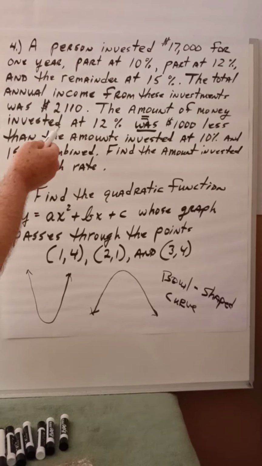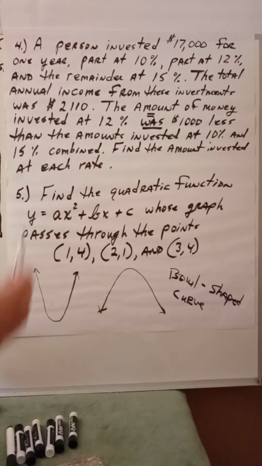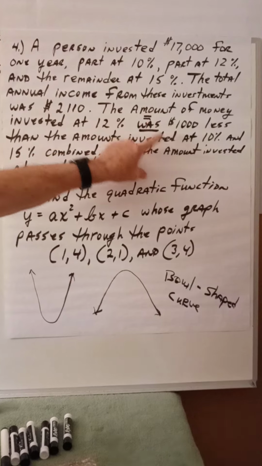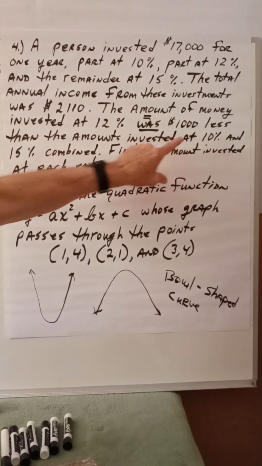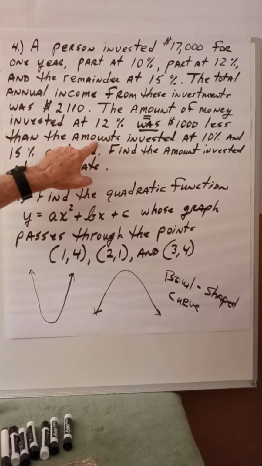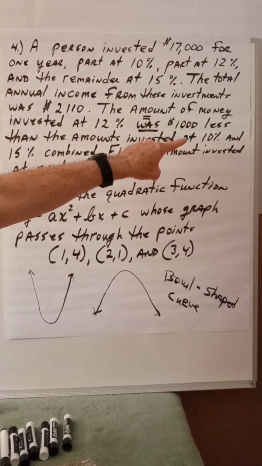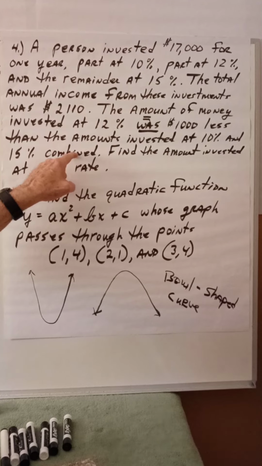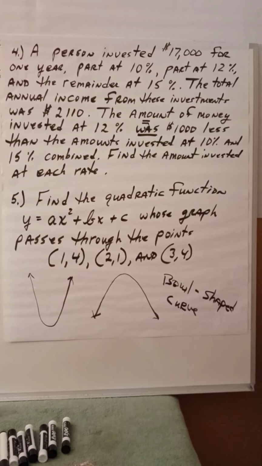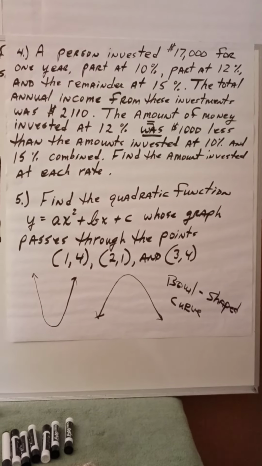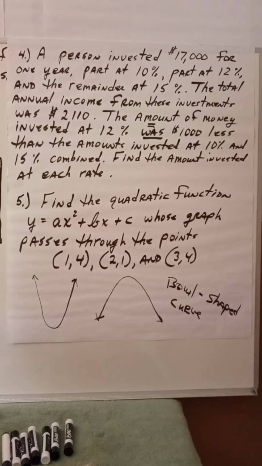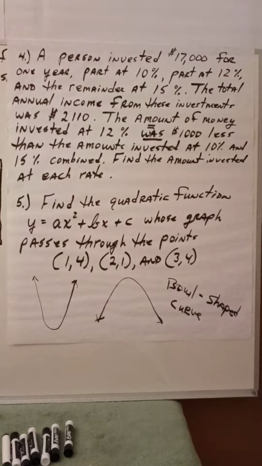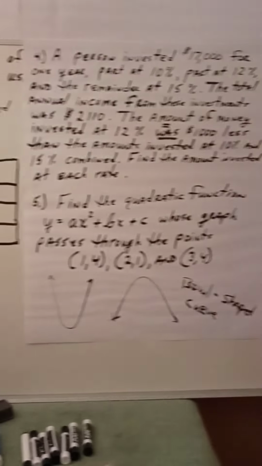The amount of money invested at 12% was, or equals, $1,000 less than the amounts invested at 10% and 15% combined. Now don't worry yet about what that equation is going to look like. We'll deal with it. Find the amount invested at each rate.